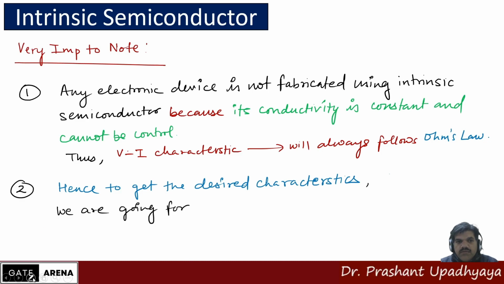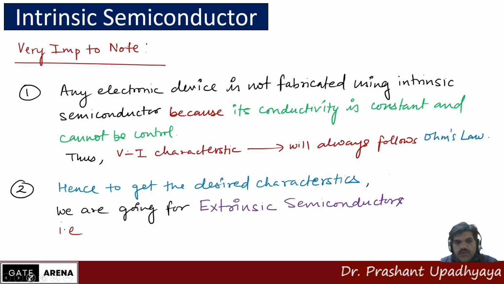So I am writing that we are going for the extrinsic semiconductor to get our desired characteristics. And we can get our desired characteristics by controlling the electron and hole combination.